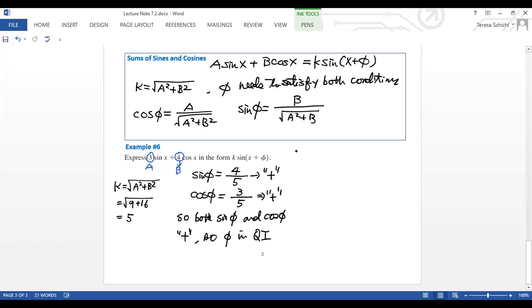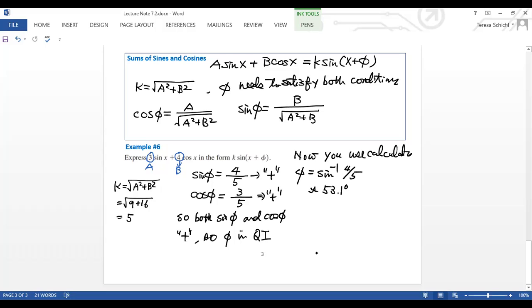Now you use the calculator. Phi is equal to arcsine of 4/5, and your calculator will give you something very close to 53.1 degrees.